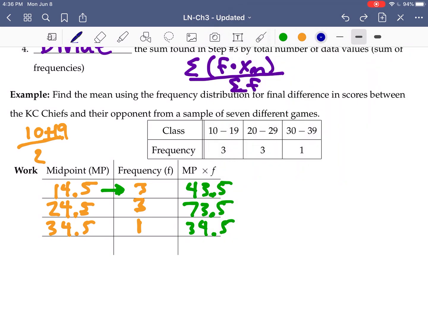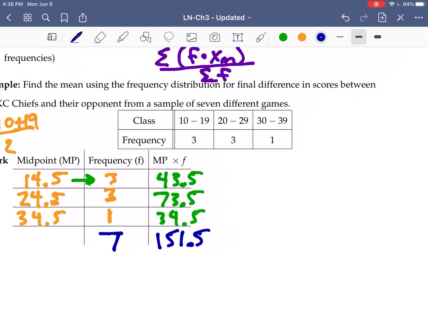So we're going to take the 43.5 plus the 73.5 plus the 34.5 to get 151.5. I'm going to also add up the second column, the frequency column. That adds up to 7.